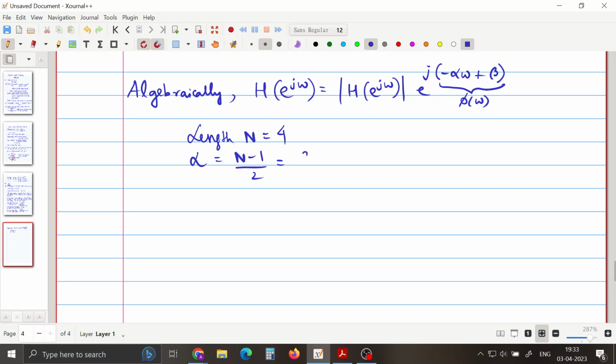So it's 3 by 2, and beta is usually 0 or pi basically.